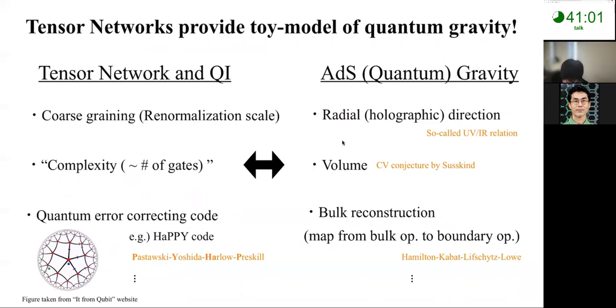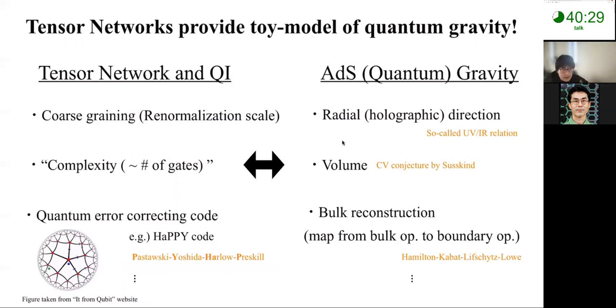I'm not going to tell you the details of this correspondence, but I just want to say there are many correspondences, and sometimes tensor networks can also teach us important properties of quantum gravity. As an example, we can consider a certain quantum error correcting code, which consists of a hyperbolic tiling of perfect tensors. It is sometimes called the happy code, found by these authors.